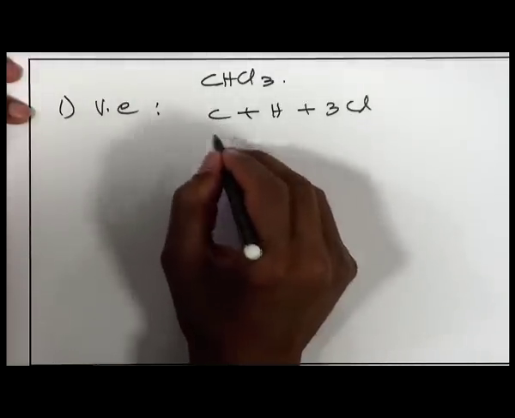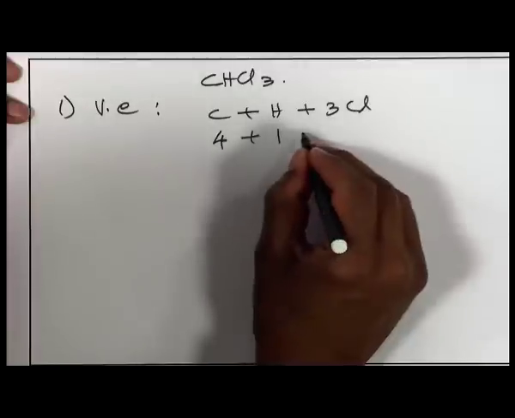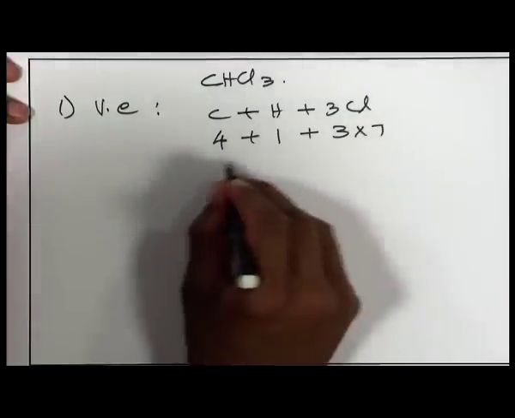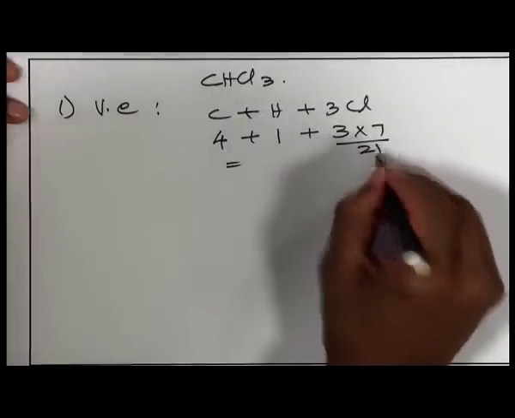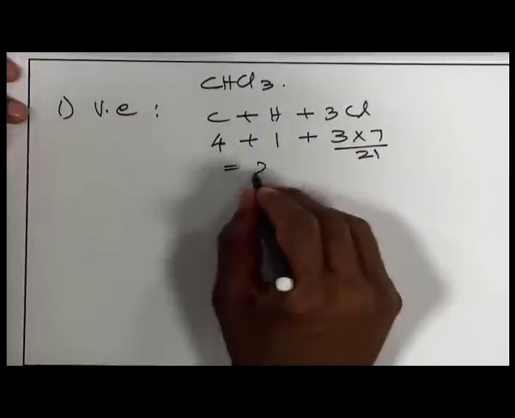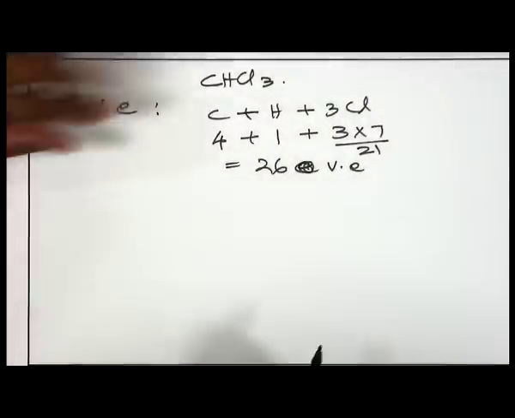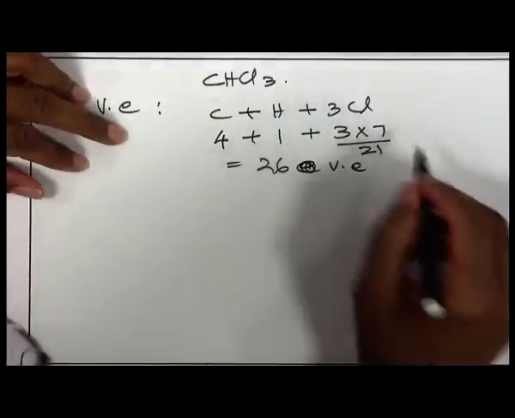Valence electron for carbon is 4, plus valence electron for hydrogen is 1, plus 3 times valence electron for chlorine is 7. That is equal to 26. 26 valence electrons are there in chloroform.